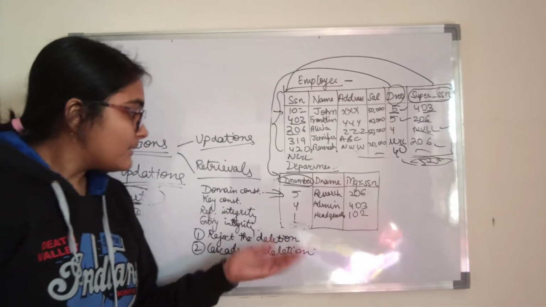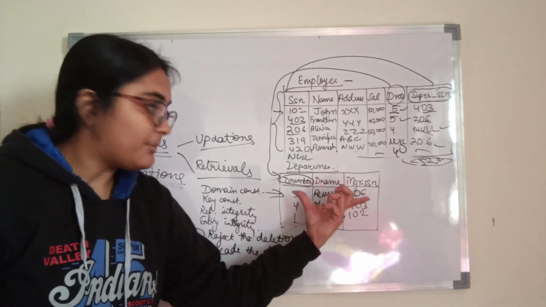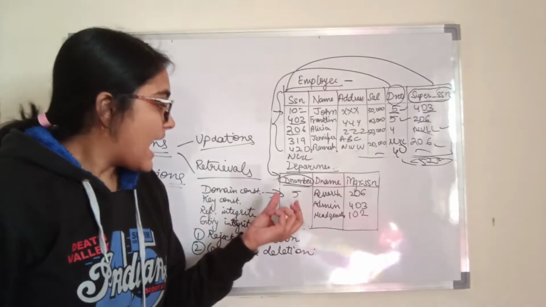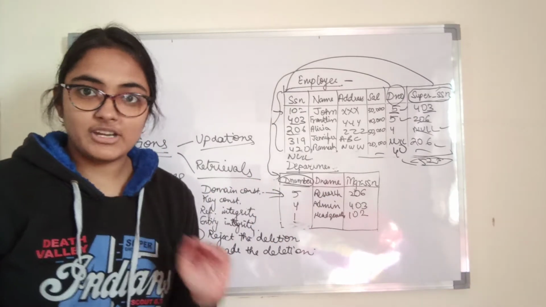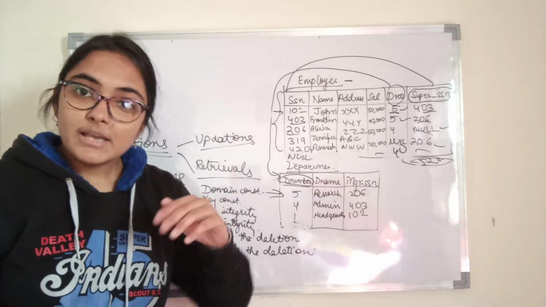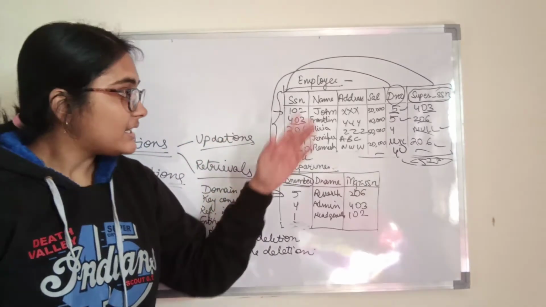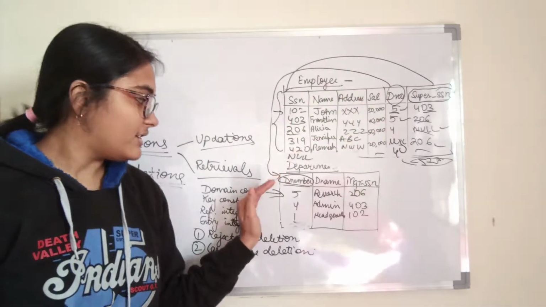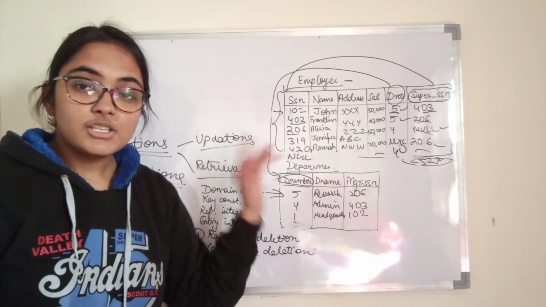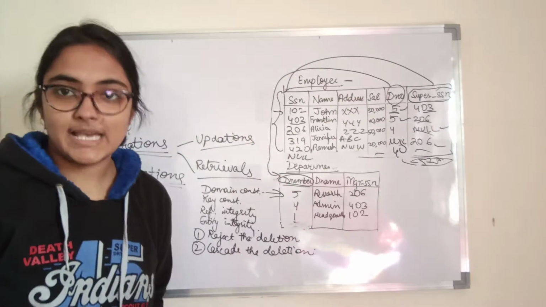Propagating means propagating the change. What it means is, in case you are deleting a tuple from this particular relation, and it is leading to violation of the referential integrity constraint because some other tuples in some other relation are referring to this tuple, then you delete those tuples as well.